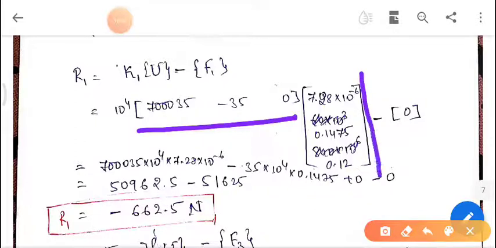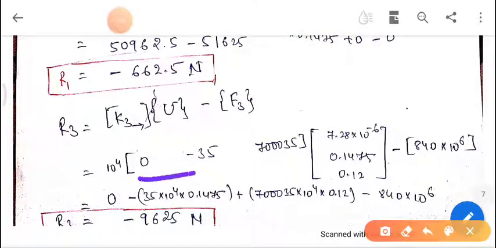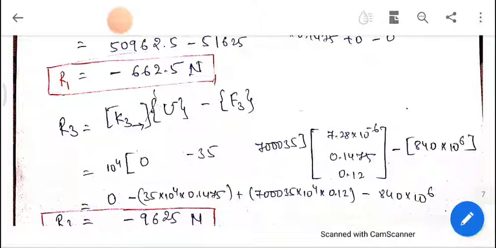These are the displacements, minus the first element of the global load vector. If you simplify, you will get this answer. Similarly, here I have written the third row of the global stiffness matrix. This is the displacement. This is nothing but the third element of the load vector. If you simplify, you will get the reaction force.